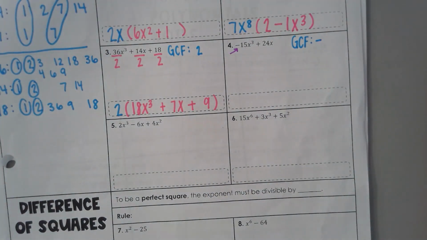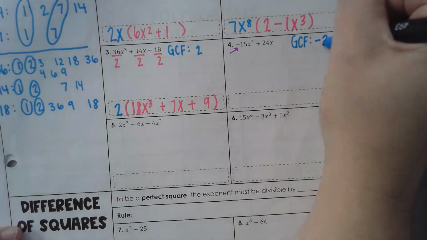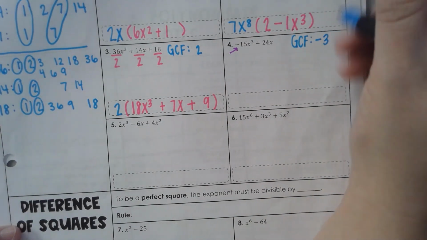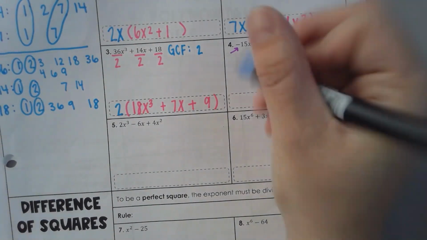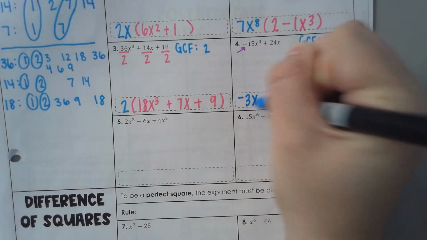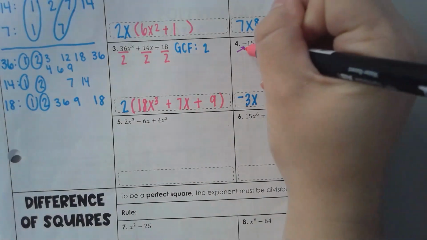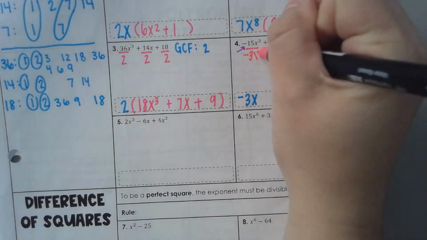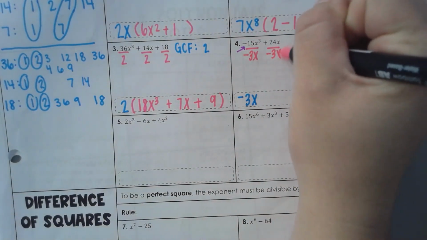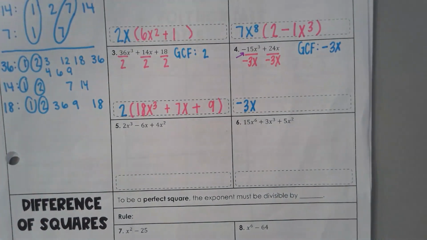Then what's the GCF of 15 and 24? 3. And then how many x's? Just the one x. Yep. So my GCF is negative 3x. So I'm going to divide both of those by negative 3x.